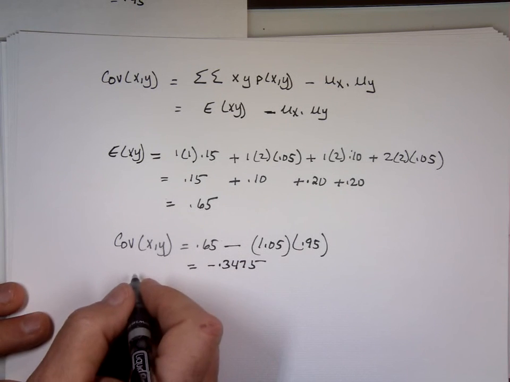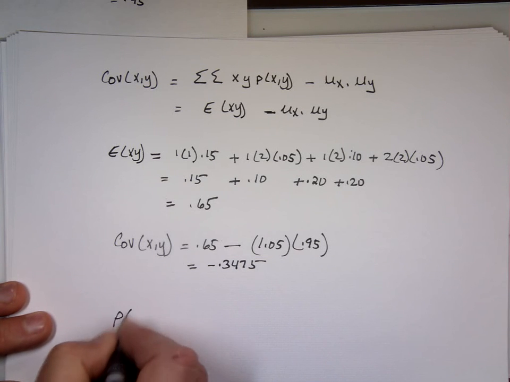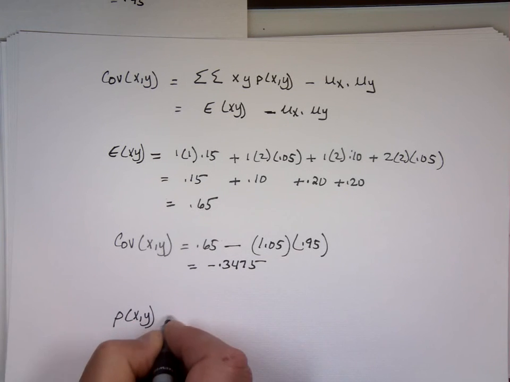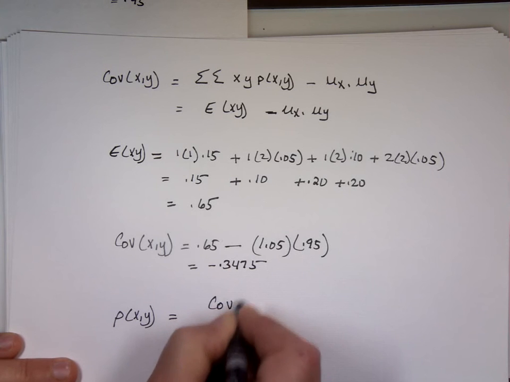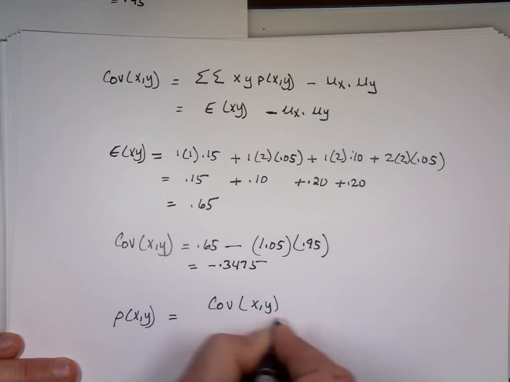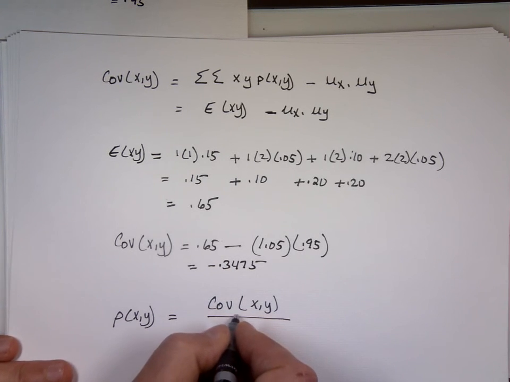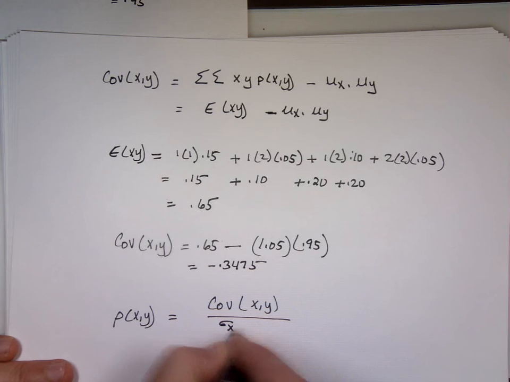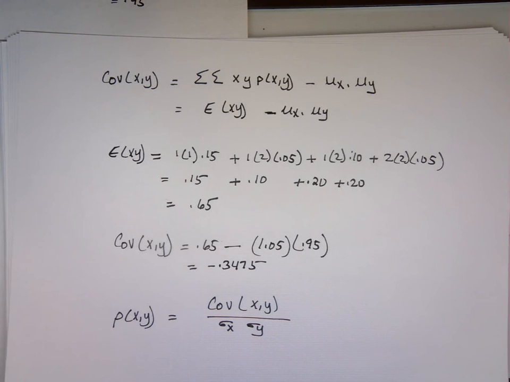Now to get the correlation, it's the covariance of x comma y divided by sigma x times sigma y. I need to find sigma x and sigma y. So how do we get sigma x?